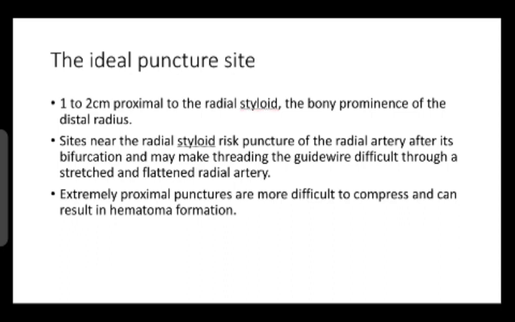Sites near the radial styloid risk puncture of the radial artery after its bifurcation and may make threading the guide wire difficult through a stretched and flattened radial artery. Extremely proximal punctures are more difficult to compress and can result in hematoma formation.